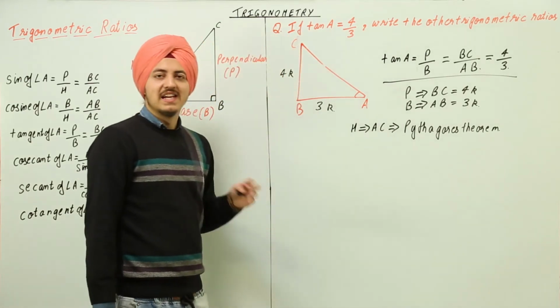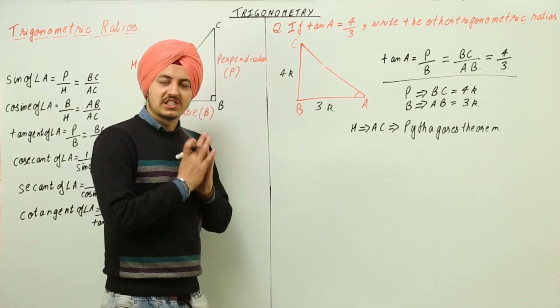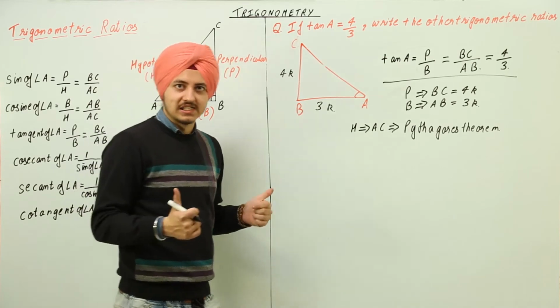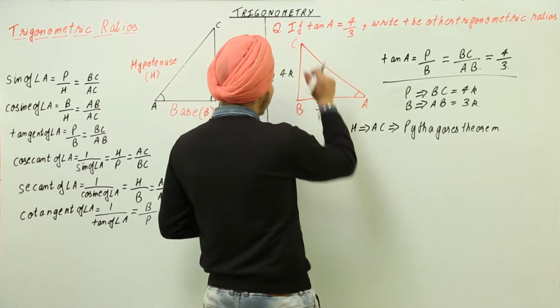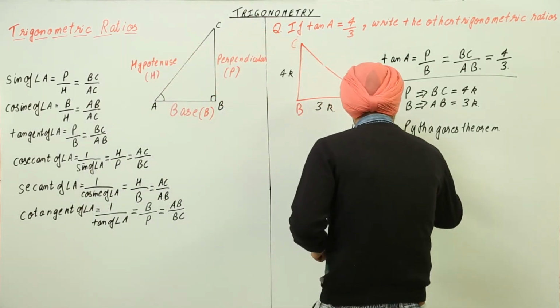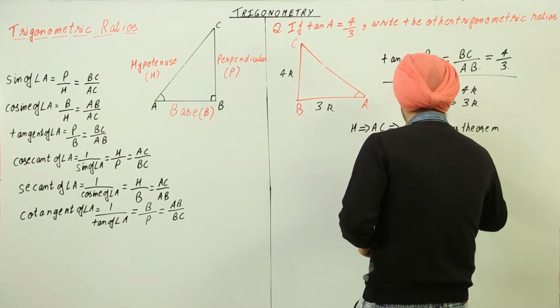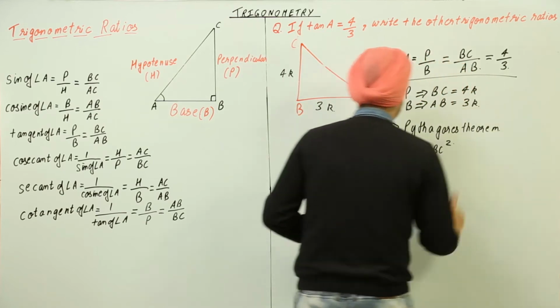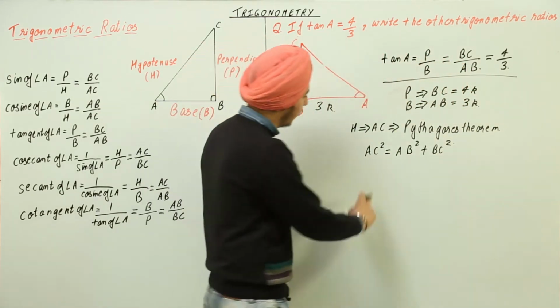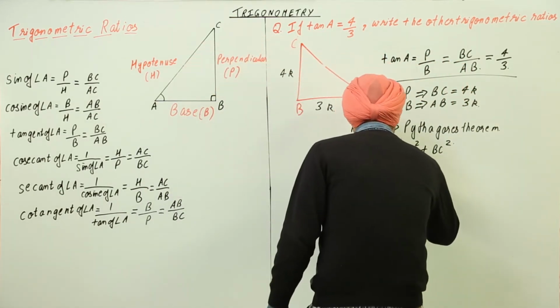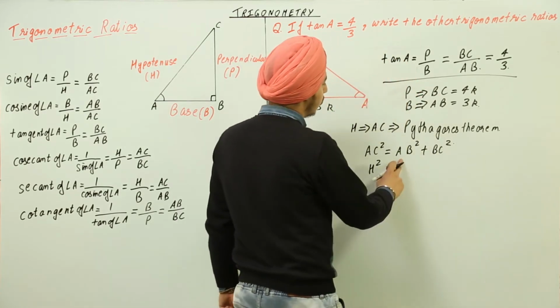Hypotenuse square is equal to the sum of squares of the other two sides, correct? So hypotenuse AC square is equal to AB square plus BC square, correct?